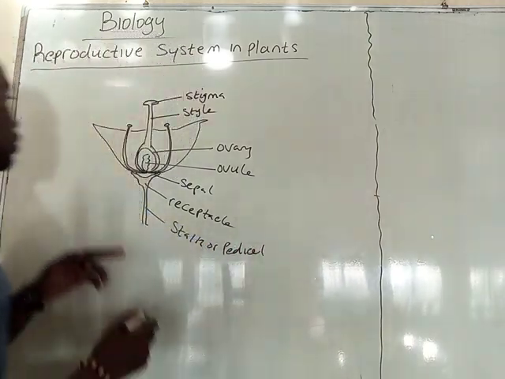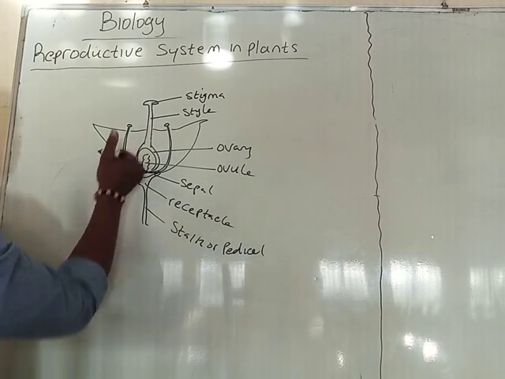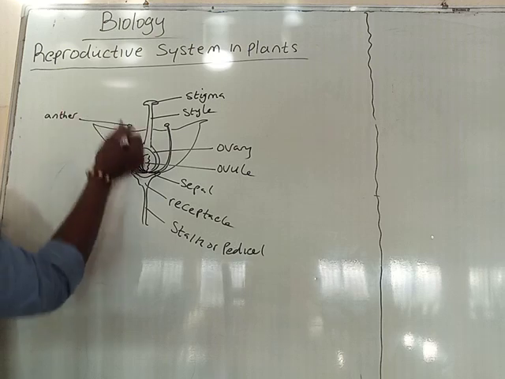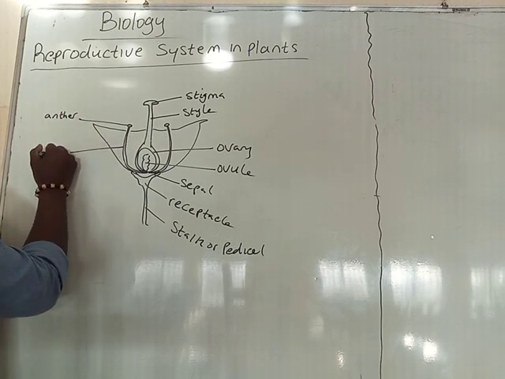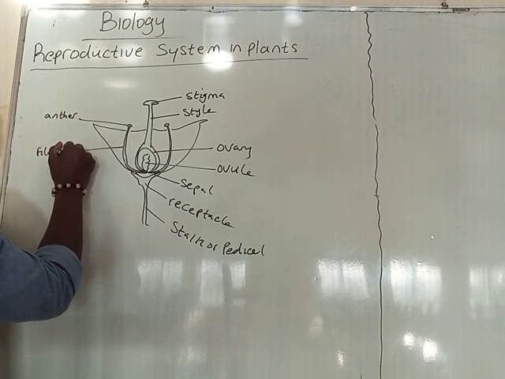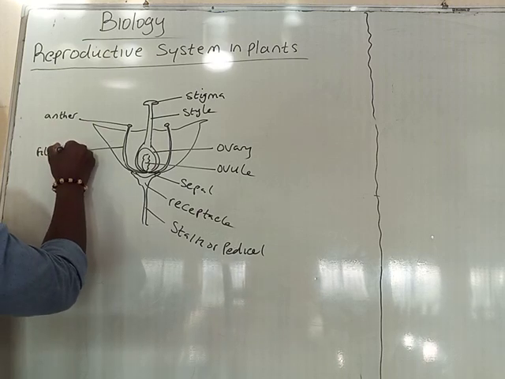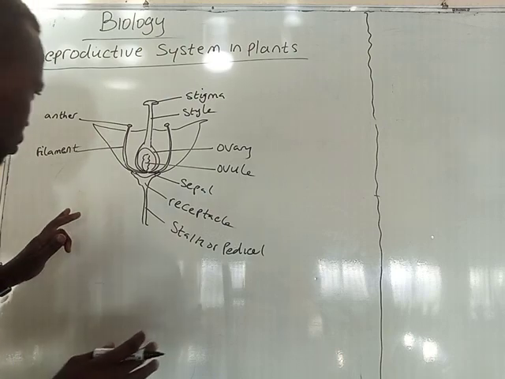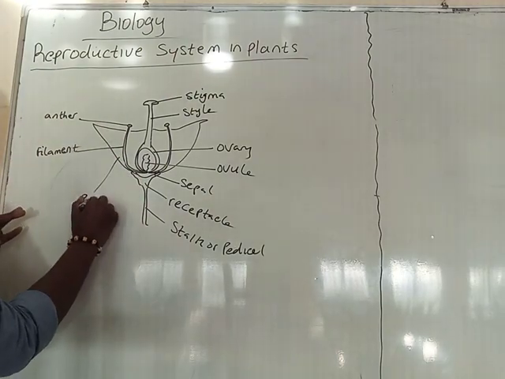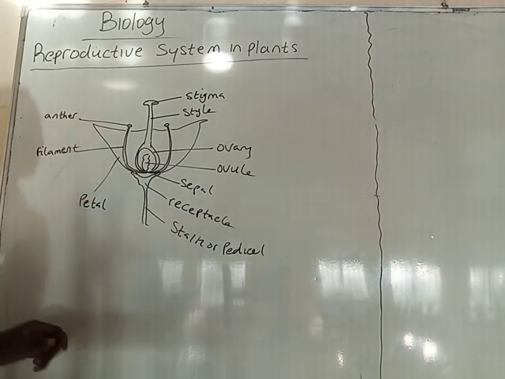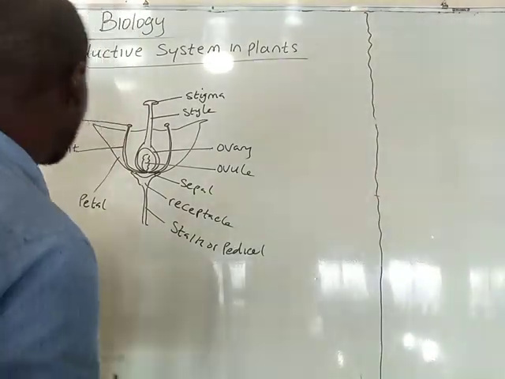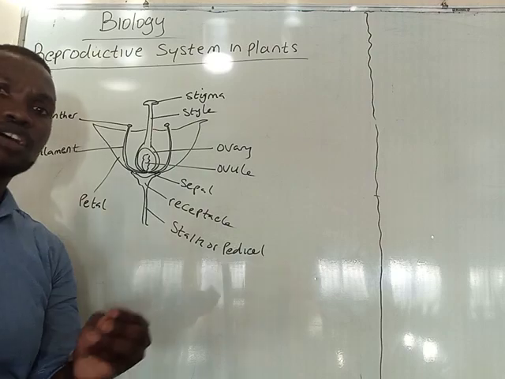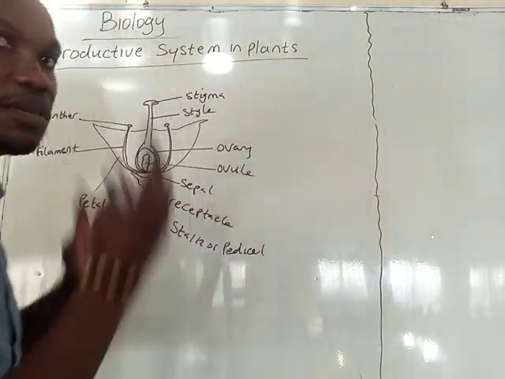On the left side, here we have the anther. Here we have the filament. Sorry, let me write that properly so you can see it. And of course, we have the petal. Why would we forget the petal? The most attractive part of the flower. So this right here is the longitudinal section of a typical flower, and it's labeled.